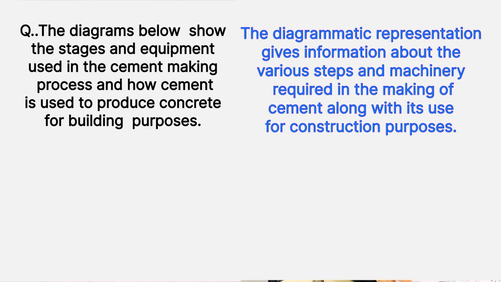So the complete paraphrased statement will be, the diagrammatic representation gives information about the various steps and machinery or tools required in the making of cement along with its application or use for construction purposes. In place of building, we're writing construction.